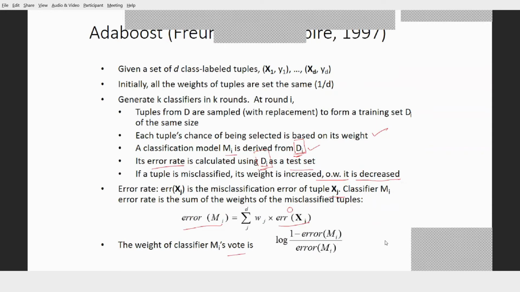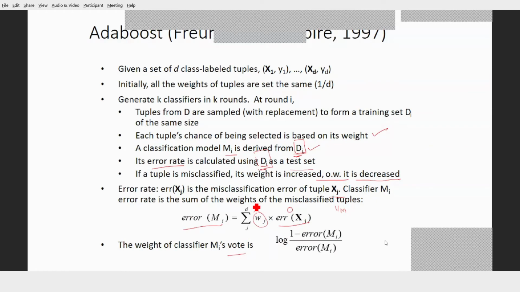The penalty for misclassifying a highly weighted tuple is higher in comparison to a less weighted tuple. Initially every weight is 1/n. If you misclassify an instance whose weight is very high, it will count more in comparison to one whose weight is low.